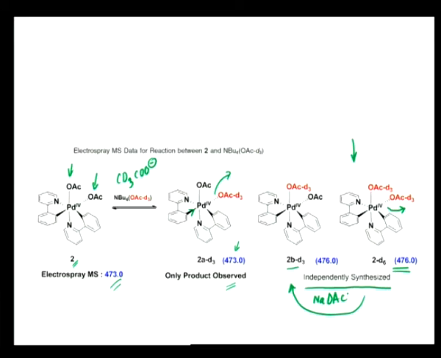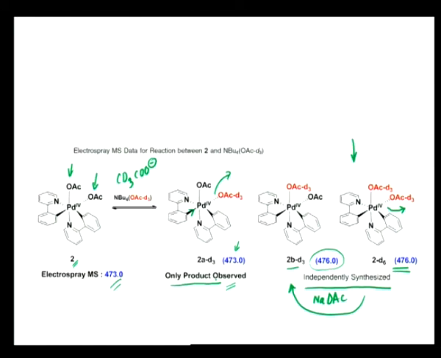This molecule also gave 476 as the mass. So, using mass spectrometry they were able to show that in fact, the only species which was being formed in solution was 2AD3. So, this tells you that one acetate is labile during the course of the reaction.